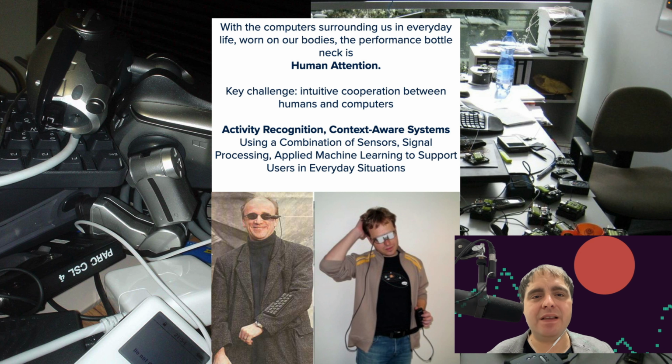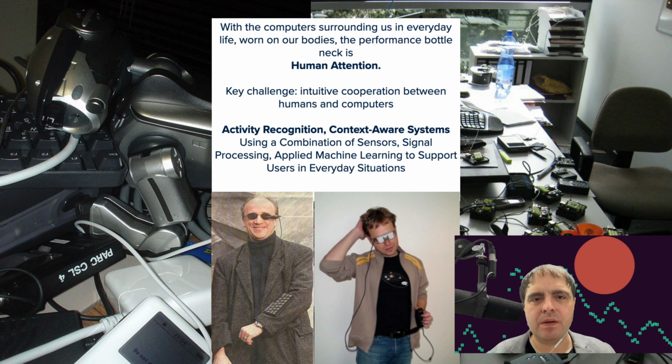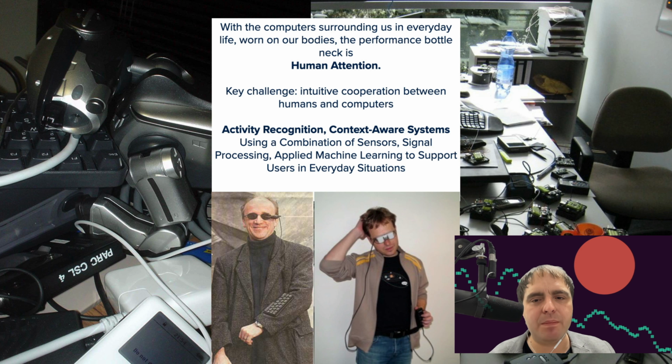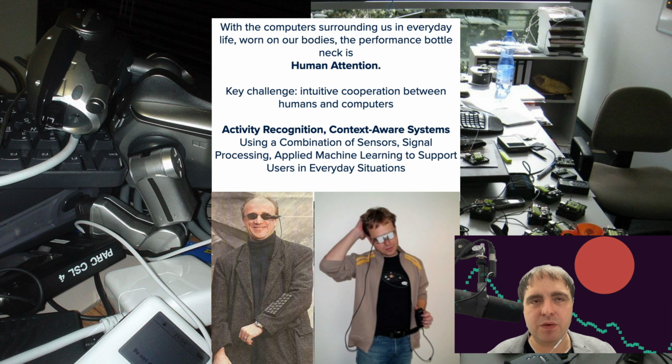It has sensors to recognize what the user is doing. And using these information sources, it then adapts, it changes, and helps the user succeed with what they want to do. So it's a proactive system, a combination of sensors, signal processing, and applied machine learning that supports a user in everyday situations.